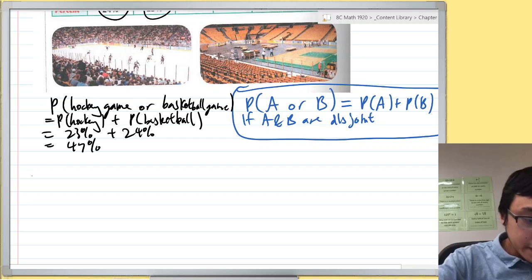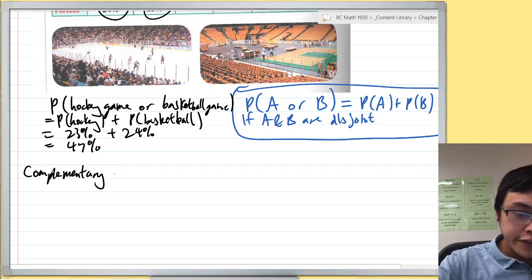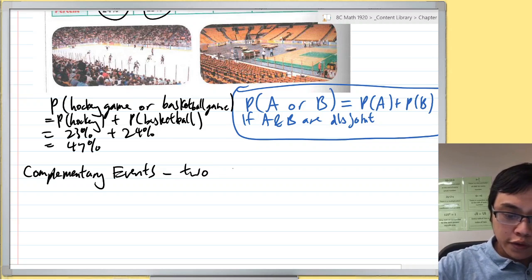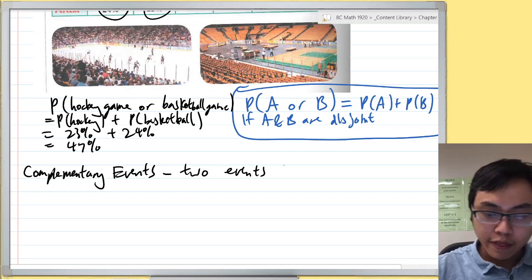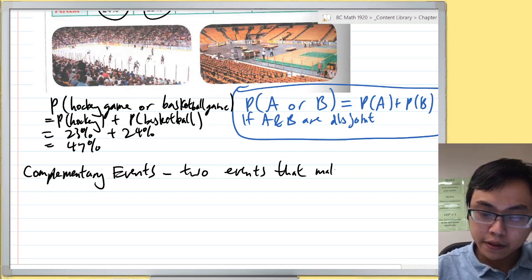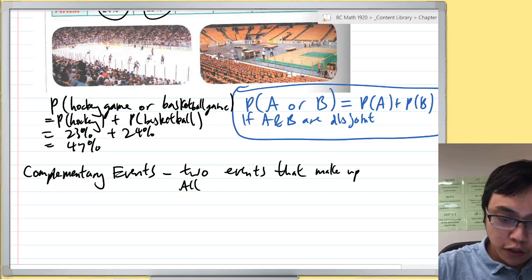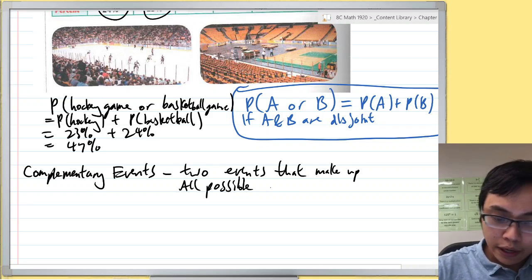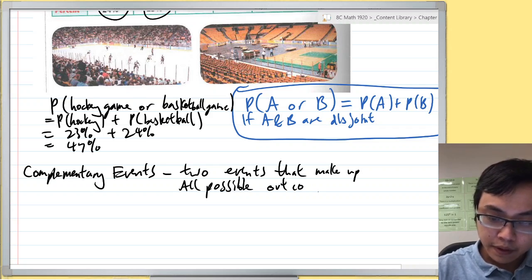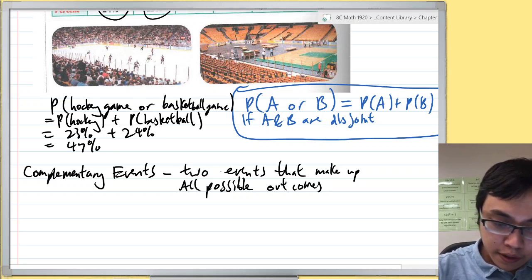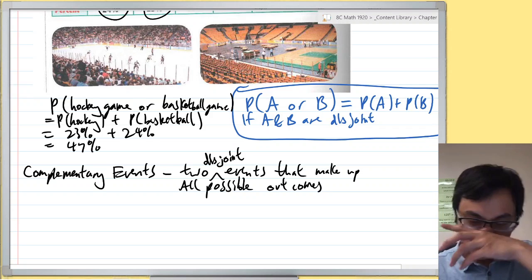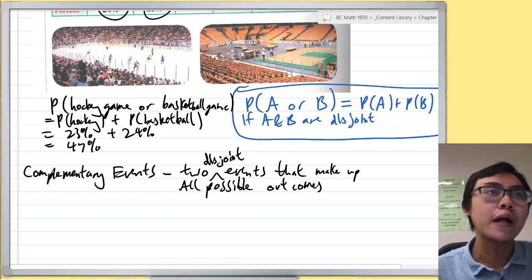Complementary events are two events that make up all possible outcomes. Two disjoint events that make up all possible outcomes.